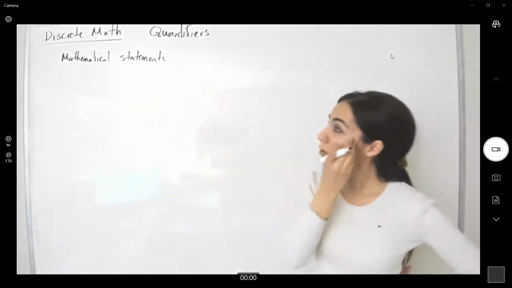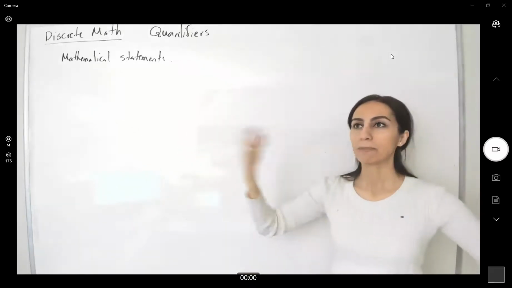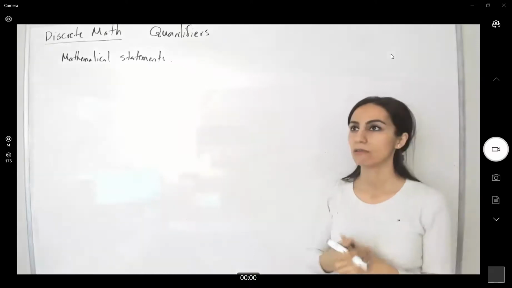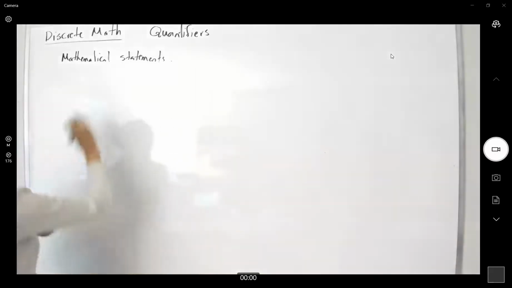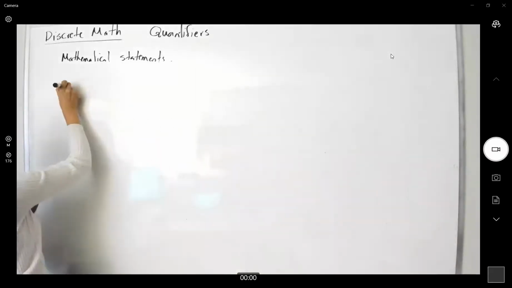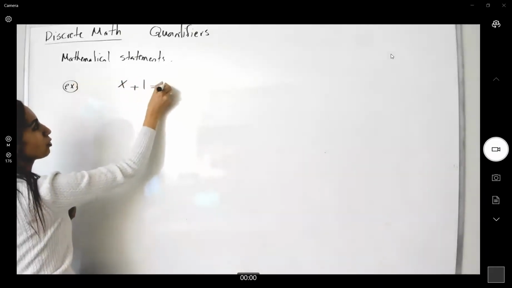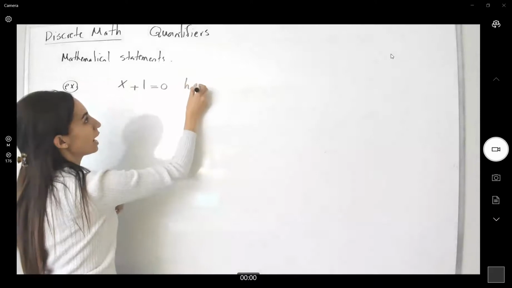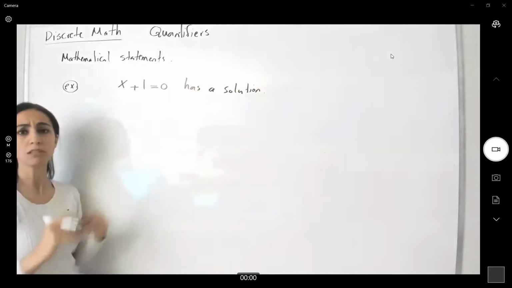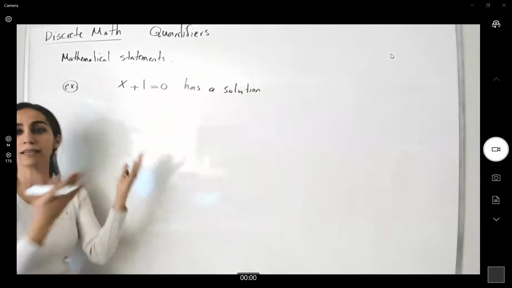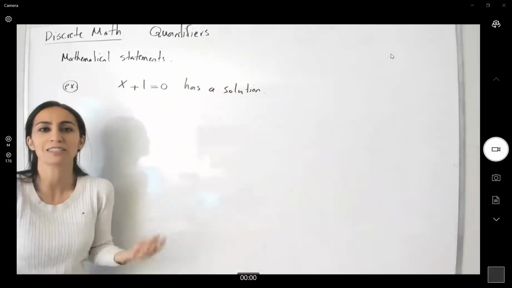Very well. So we have some statements that apply to all variables or all objects. For example, suppose I write this as x plus 1 equal to 0 has a solution. This is a statement. You can easily solve this equation, and the equation has a solution which is -1.